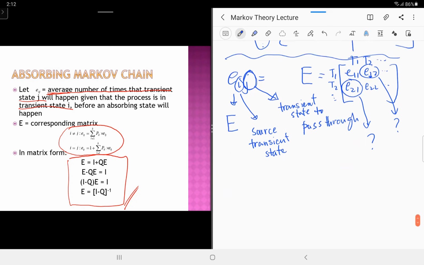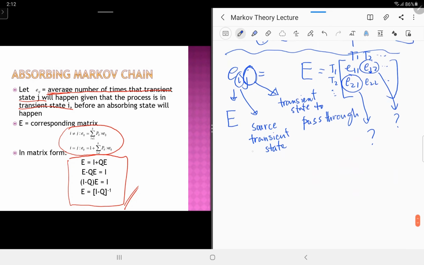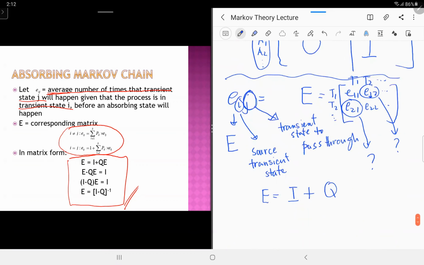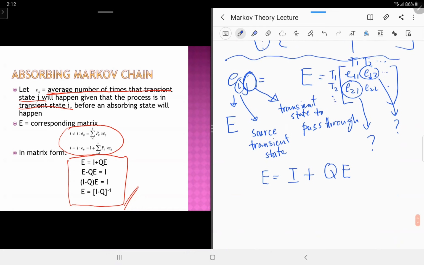And to calculate, you will see on the left side of your screen that the working equation is E equals the identity matrix I plus Q, Q is this one here, times E. As I've said, it's an iterative formula. That's why you see E on the left side and E on the right side.